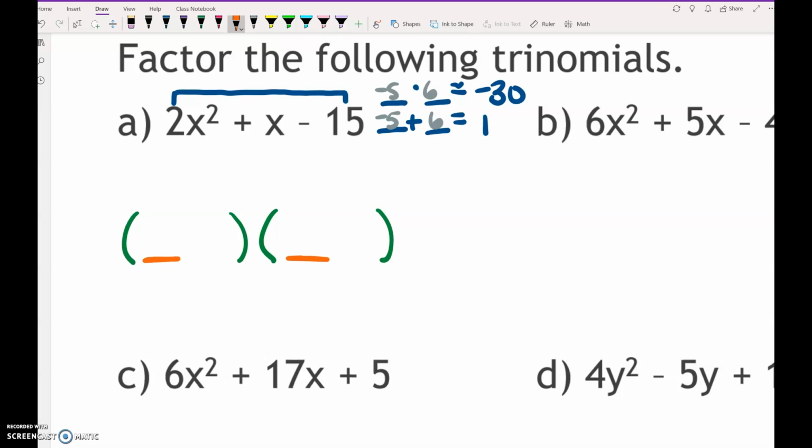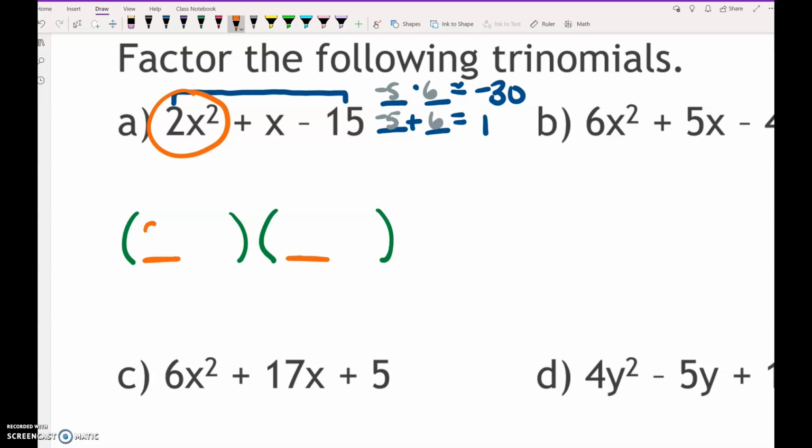These two terms, when we double distribute, the first terms end up multiplying to give you 2x squared. So what do you think those terms are going to be? What two things would multiply to give you 2x squared? 1 and 2.